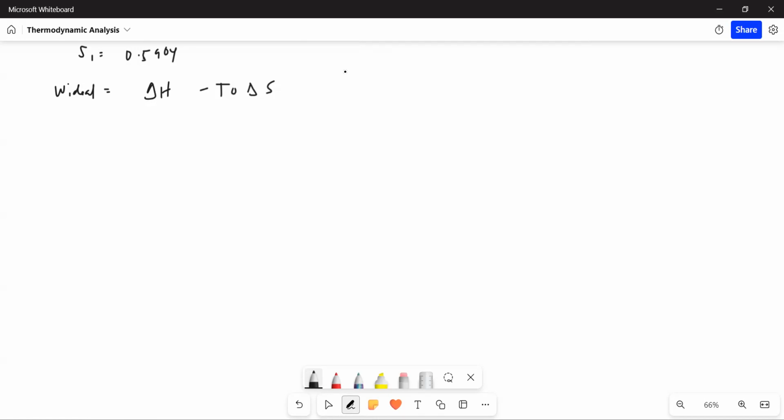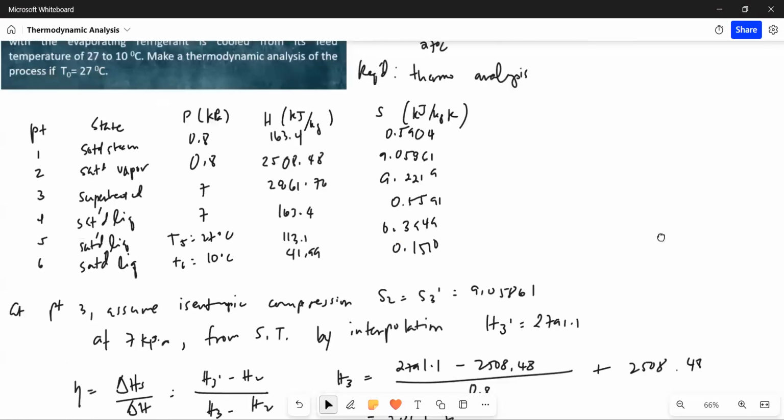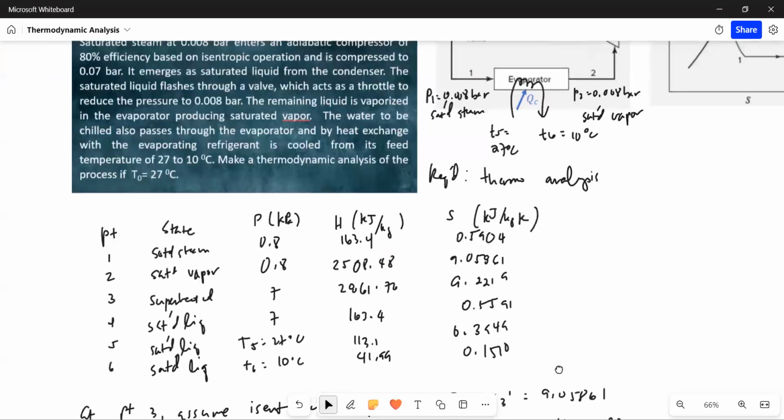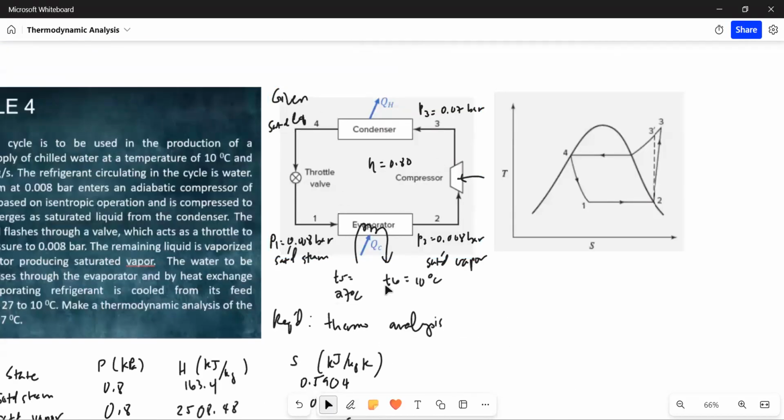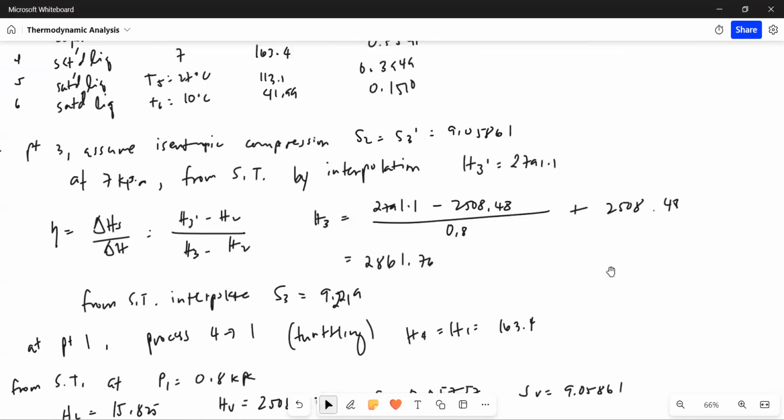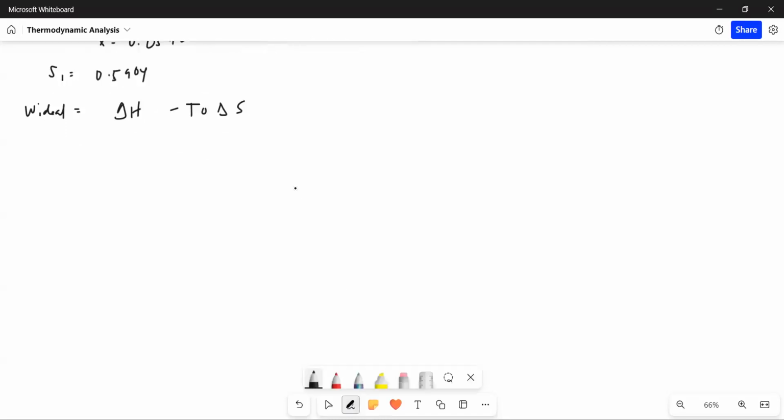So how do we do this? Since we're dealing with a cycle, it's quite difficult to find the end and the beginning of our cycle. But we can actually use these two streams, T5 and T6, to calculate the work ideal.